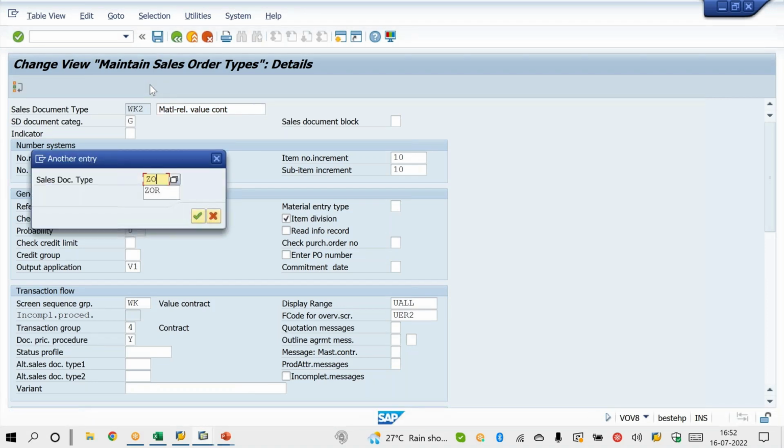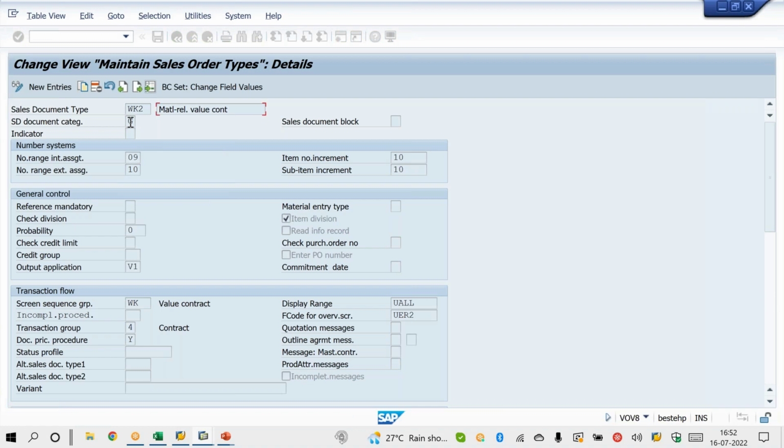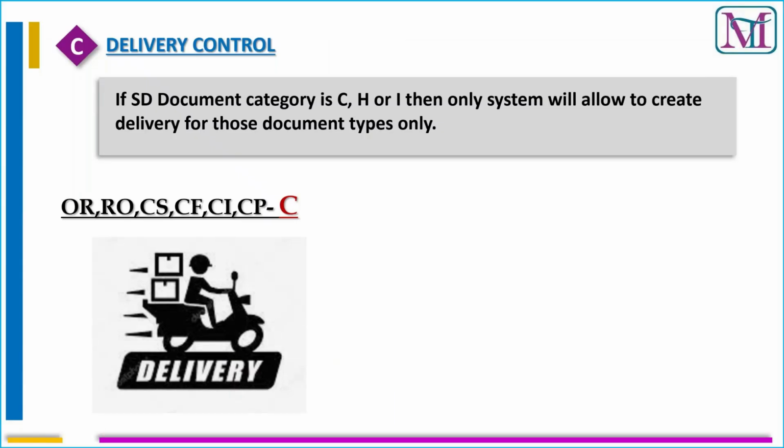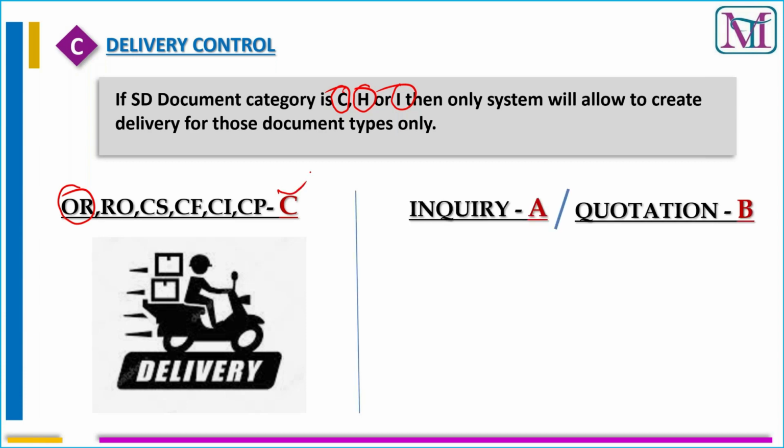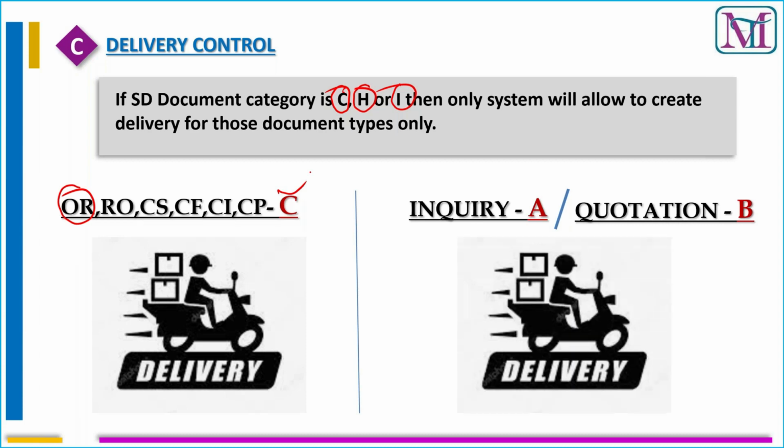I have created a sales order and delivery for ZOR; document category is C. Once again, you remember this logic. If document category is C, H or I, then for those sales document types I can create delivery directly. Next scenario, if document category is A or B, then I cannot create the delivery directly.